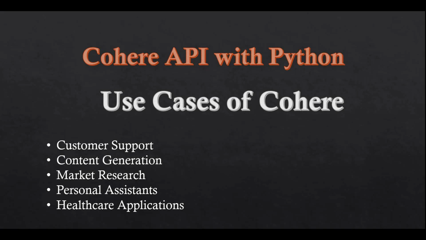Market research: analyzing customer sentiment or feedback from social media or reviews. Personal assistant: building smart virtual assistants that understand context and provide useful responses. And also healthcare applications: summarizing medical papers, analyzing patient reports, or assisting with medical inquiries.